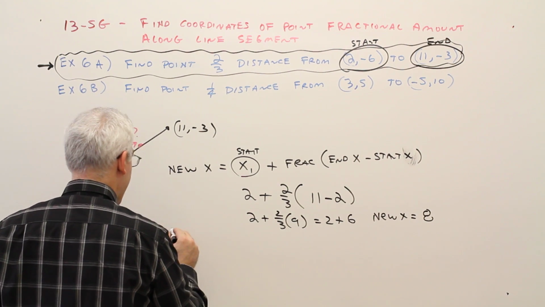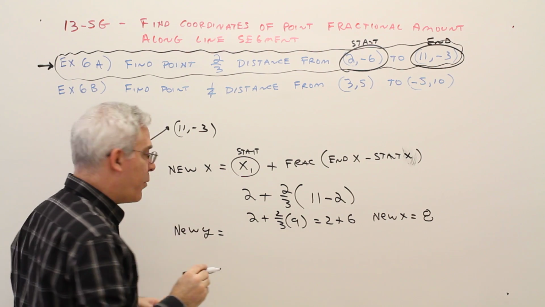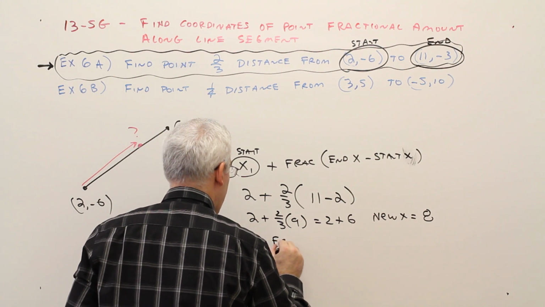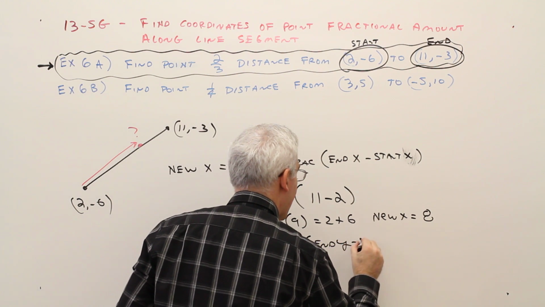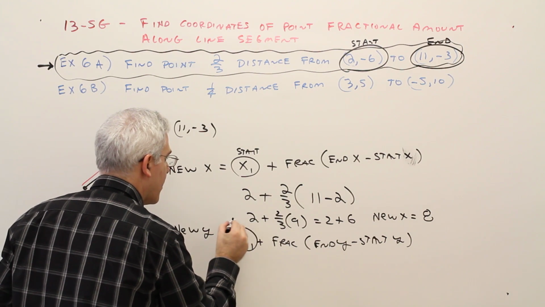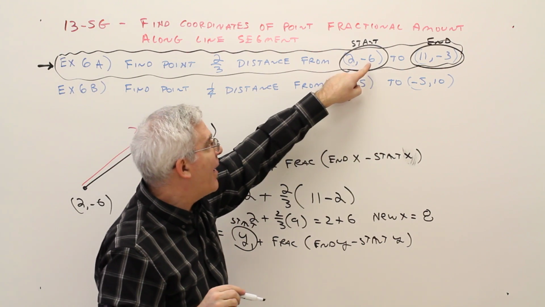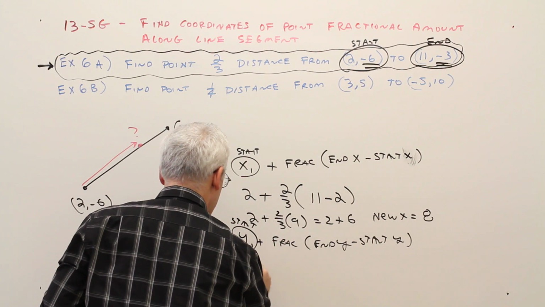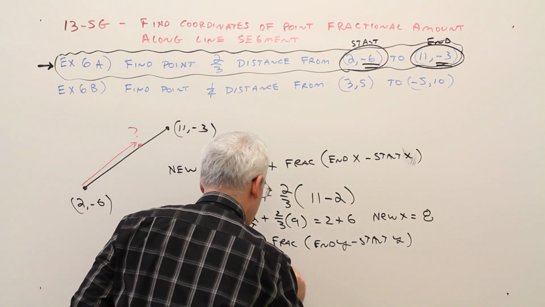Okay, let's find the new y. The new y will be y sub 1 plus the fractional amount times end y minus start y. Again, that's my starting y. So my starting y value is -6. My fractional amount is 2/3.